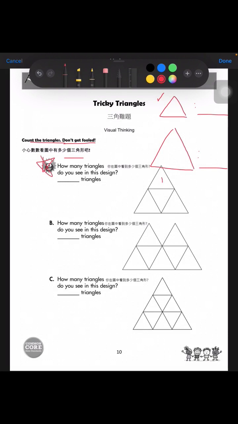Right. 1, 2, 3, 4. There are 4 small triangles in total. How about big triangle? How many are there? Right, just one big triangle. So we add 4 plus 1 equals to 5. So there are in total 5 triangles.